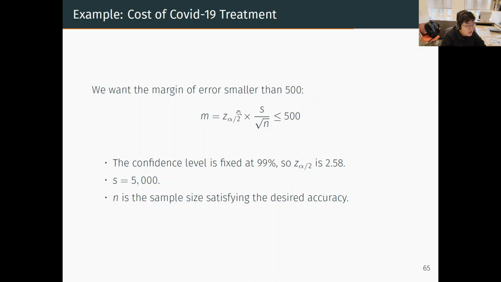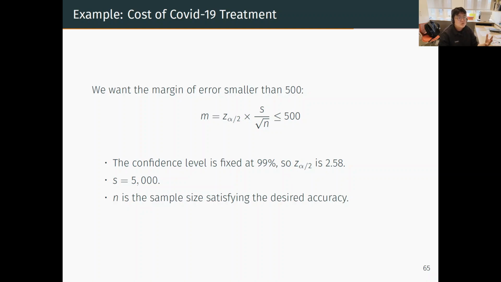That means this part is also fixed, right? Z alpha over 2 is fixed by the confidence level, which is 2.58. So this is fixed. Standard deviation is not something we can change, right? It is just the nature of the data, so standard deviation is also fixed. We cannot change the cost of the treatment, right?